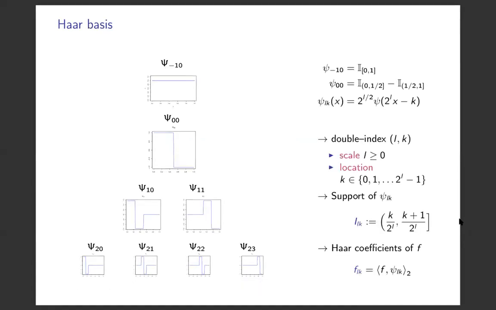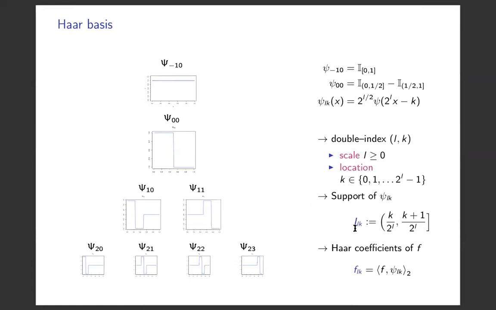Okay, so just to introduce some notation, let me recall the definition of the Haar basis. So on this slide, I guess you know the Haar basis, but what's important is maybe you can notice that I arranged the Haar basis in a kind of a tree fashion, and we have the scale index L will be the depth, and we have the location index K, which tells you where you are on 0, 1.